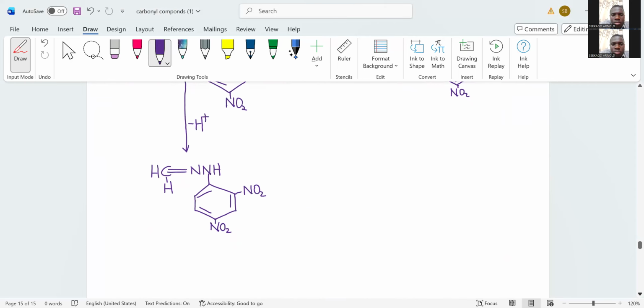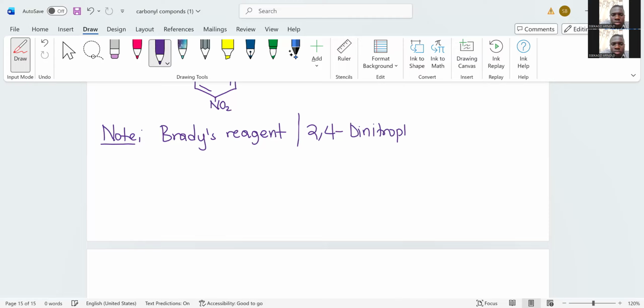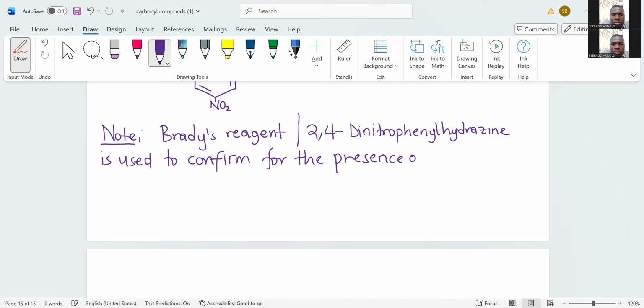So that reagent is very important. Note that Brady's reagent, also known as 2,4-dinitrophenyl hydrazine, is used to confirm for the presence of carbonyl functional group within organic compounds.